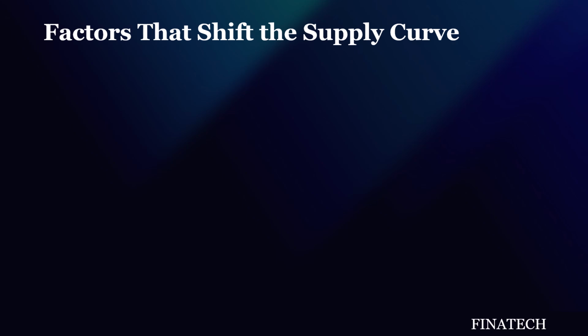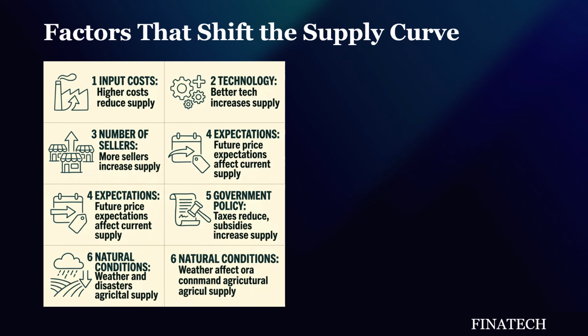Factors that shift the supply curve: input costs, technology, number of sellers, expectations, government policy, and natural conditions.